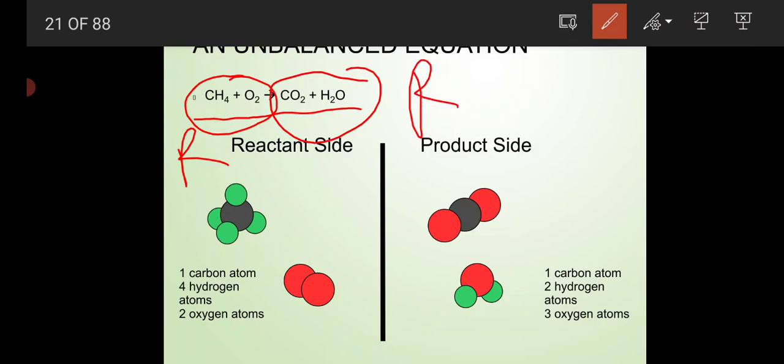On the reactant side, 1 carbon atom, 4 hydrogen atoms and 2 oxygen atoms are there. But on the product side, 1 carbon atom, 2 hydrogen atoms and 3 oxygen atoms are there. Means on both the reactant side and the product side, the number of atoms is not balanced. That type of reaction is known as an unbalanced chemical equation.